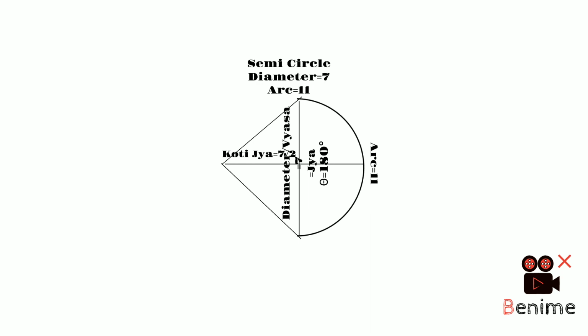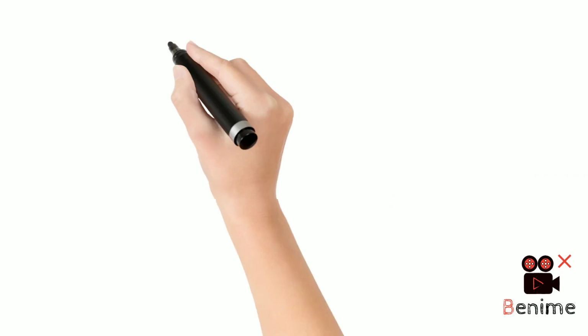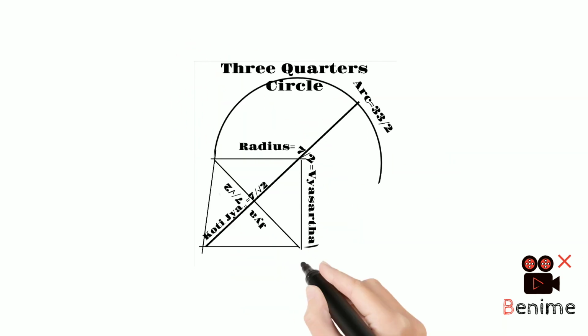Now let us move on to the third, the three-quarter circle. What if we have a circle with the 3 quarters full, not full circle, but 1/4 less full circle, or 3 quarters. So what will be the arc of this circle?